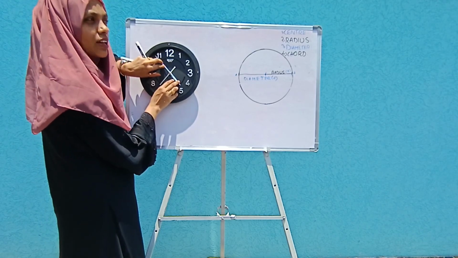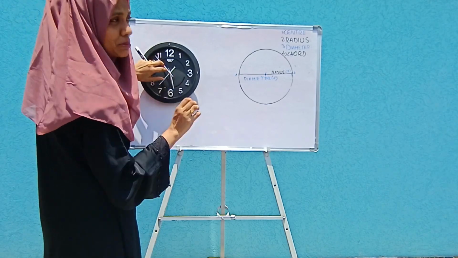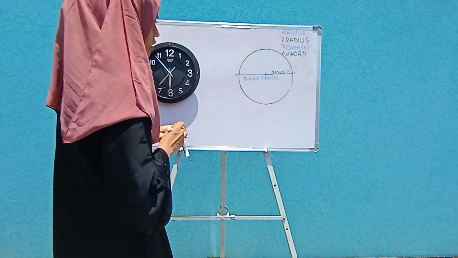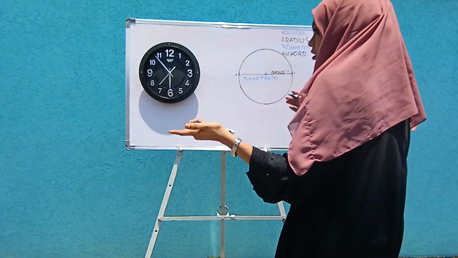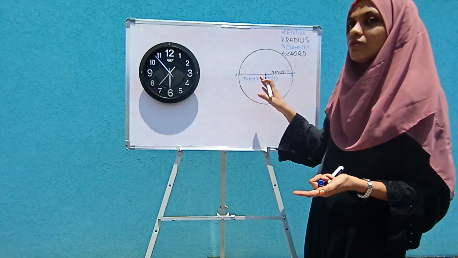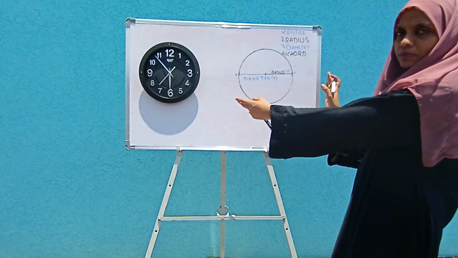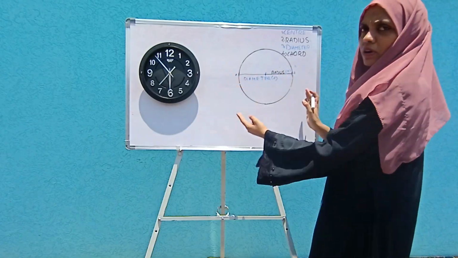Yes, obviously this is also called the diameter, but there is a small difference between the diameter and the chord. Let me draw the chord on the board. Diameter means the line which passes from the center and touches the two boundaries on the other sides of the circle.